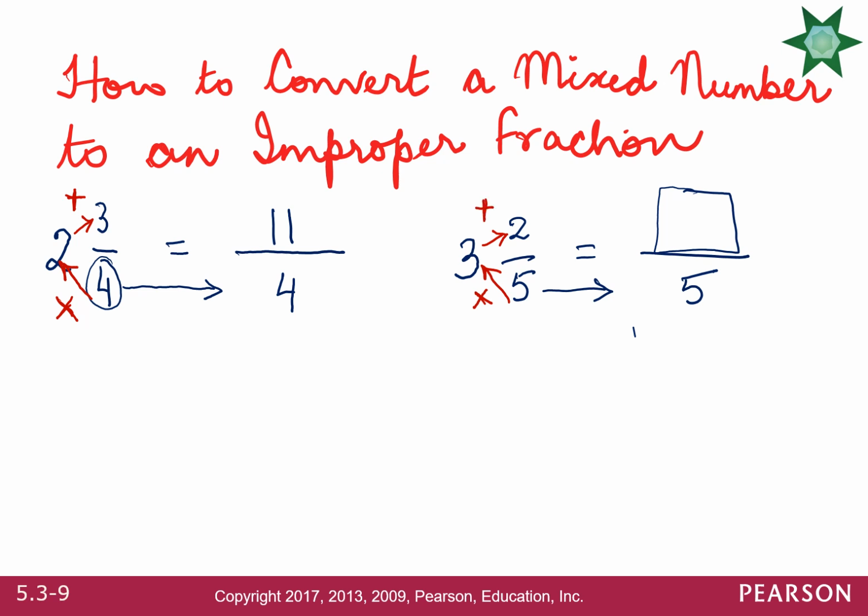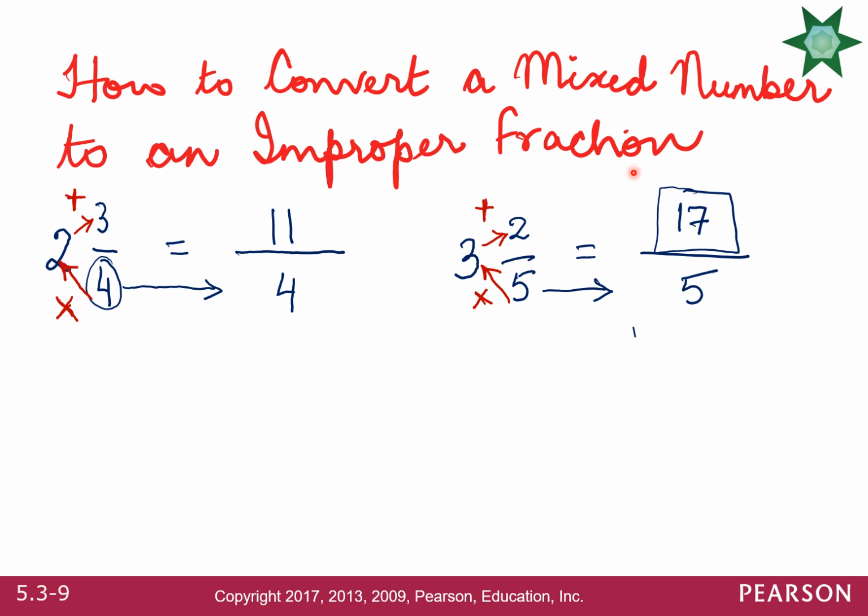So 5 times 3 is 15, 15 plus 2 is 17, and that's what goes in the numerator. So 3 and 2/5 when converted to an improper fraction becomes 17/5. This is how we convert a mixed number to an improper fraction.